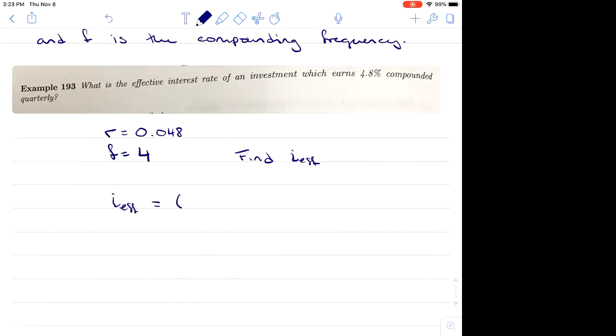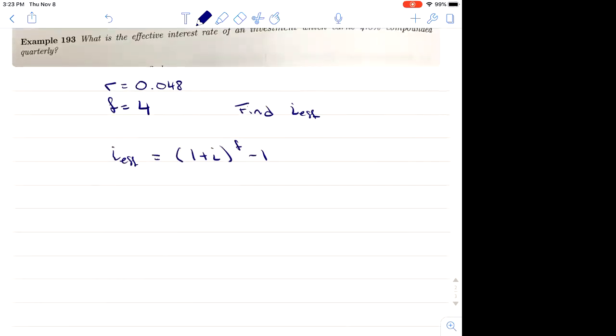The effective interest rate is 1 plus I to the power of F, minus 1. So, yes? Why are we doing plus 1 if we're just going to minus that 1 after?